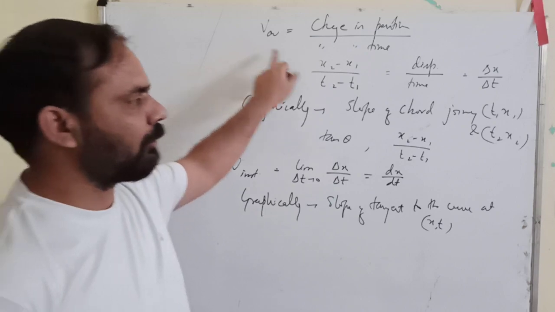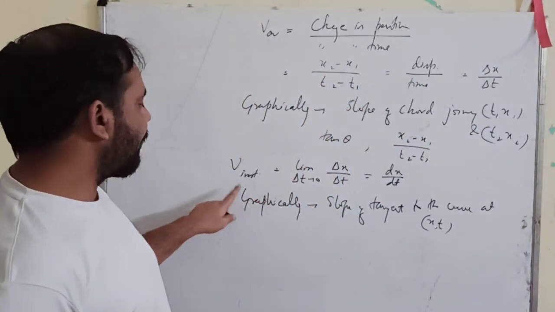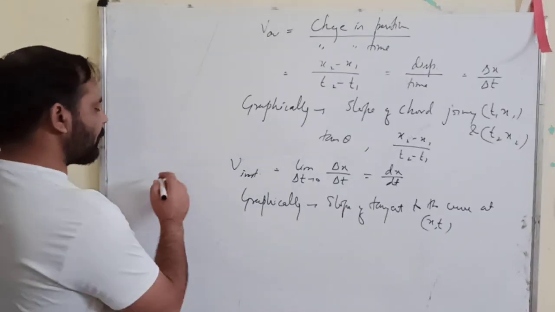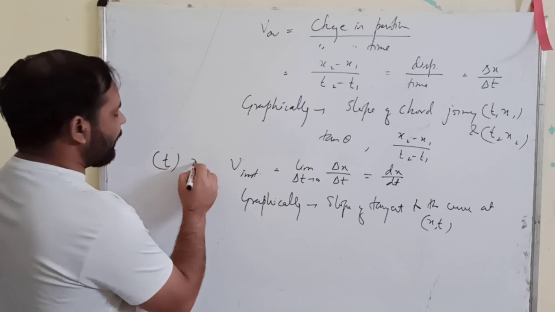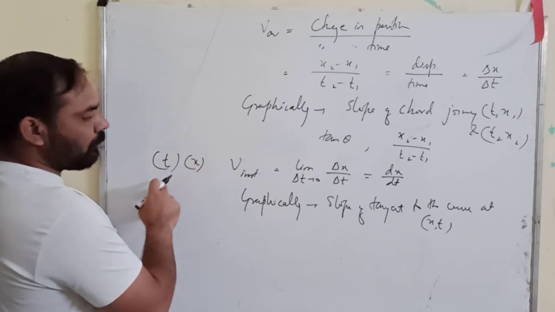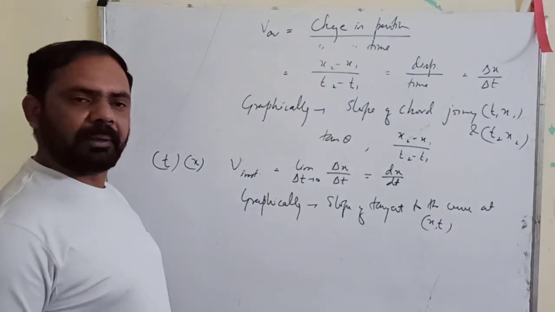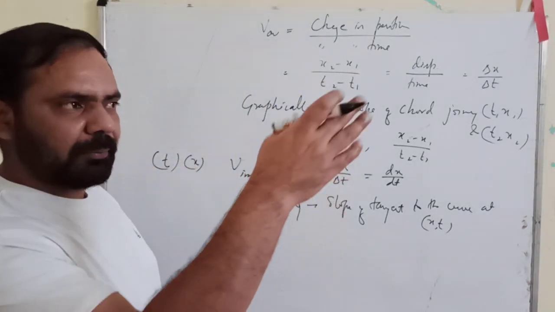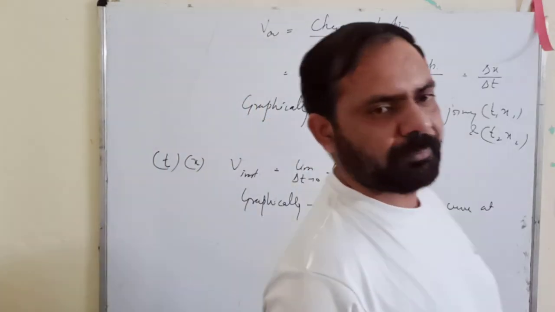Because it is understood that if you are finding average velocity, you find it over a time interval t2 minus t1. But if you are finding instantaneous velocity, you must be finding it at an instant of time, which is t. At that instant, the displacement must be x. So you will draw the tangent at that point and find the slope of the tangent.